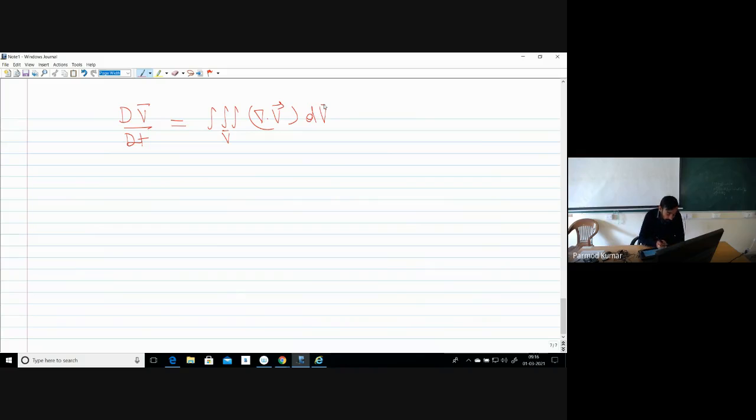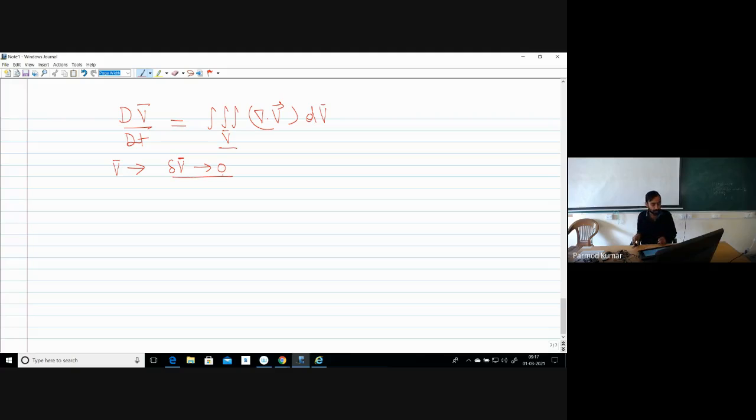Okay, so what I'll be doing now is integrating over the entire volume. Obviously, in the entire volume, the velocity field will not be constant. So now I will take one assumption: instead of the entire volume V, I take an infinitesimally small volume element delta V, which is approaching almost zero.